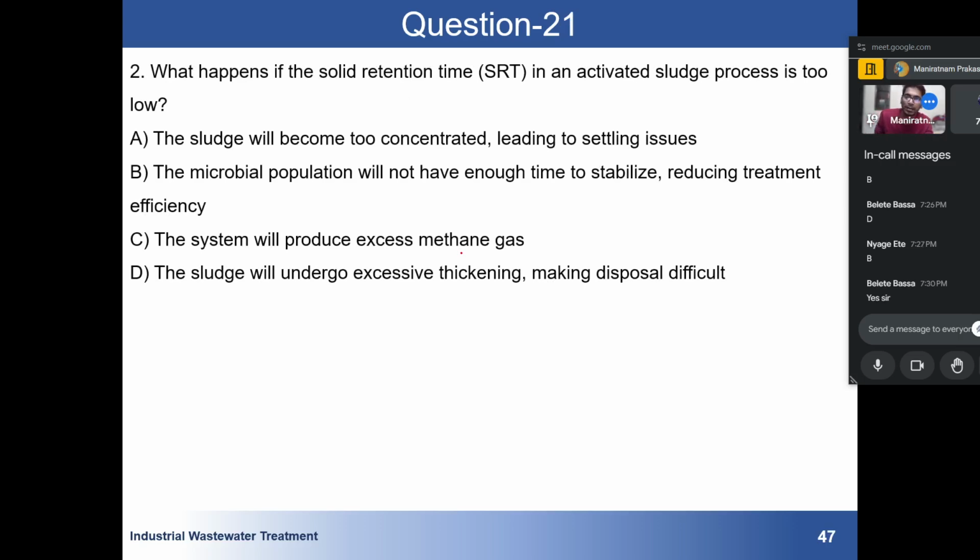What happens if the solid retention time, that is SRT, in an activated sludge process is too low?